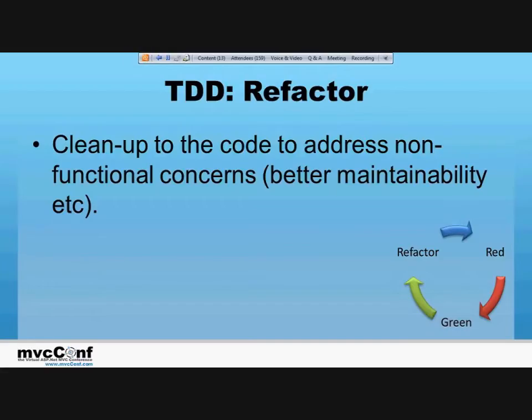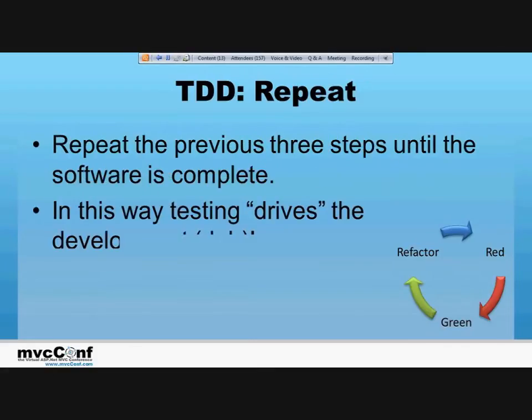I think that a lot of software developers use a more liberal definition of refactoring, and I think that's okay. I think that one of the nice things about TDD is that it allows you to evolve your API design to make it more usable. And finally, like I said, we repeat this process over and over, and in this way, testing drives the development process. All right, and that's why it's called TDD.